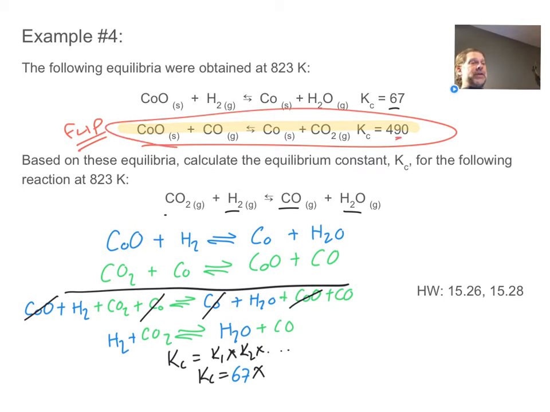So that tells me that in this case, I'm going to have 1 over 490 for my Kc. So my Kc for the overall reaction in this particular case is going to be roughly 0.14.